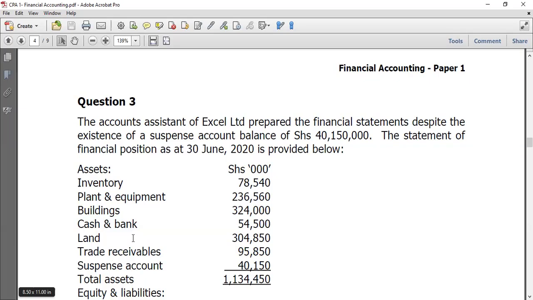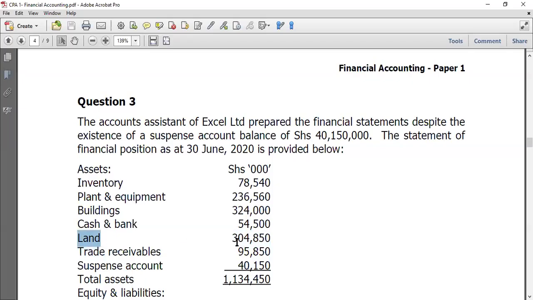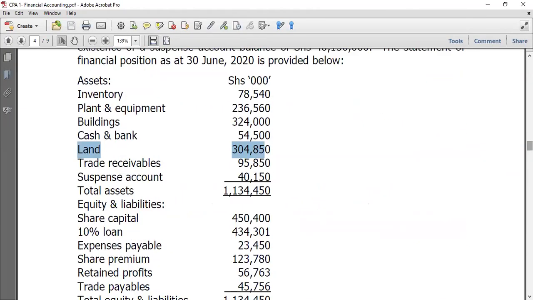So under your current assets, you just have to adjust this figure by 550, add 550 onto it, because the error that you were correcting here had a 550 that was being debited. That's what you basically do for each of the items. When I come to land, I didn't have any error that I needed to correct, so land will remain. So when I'm recording my non-current assets, I'll record land as it is.